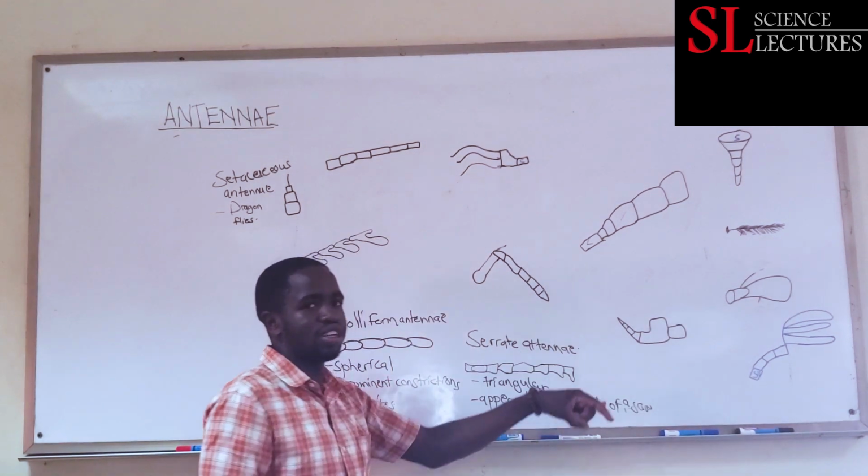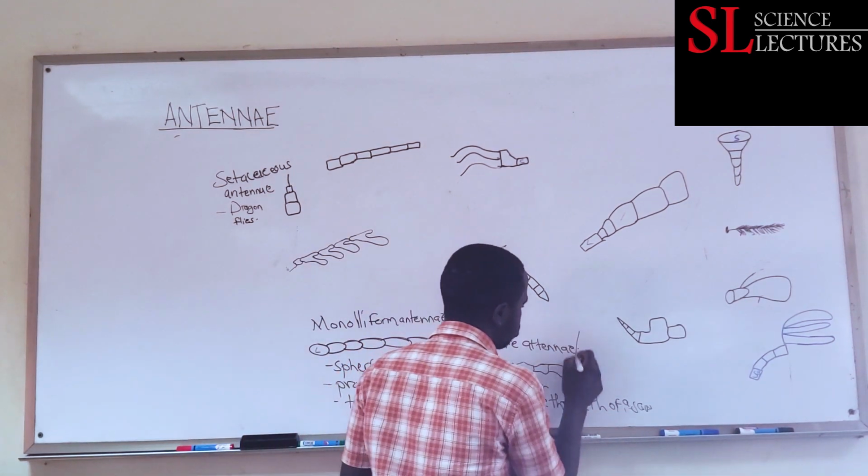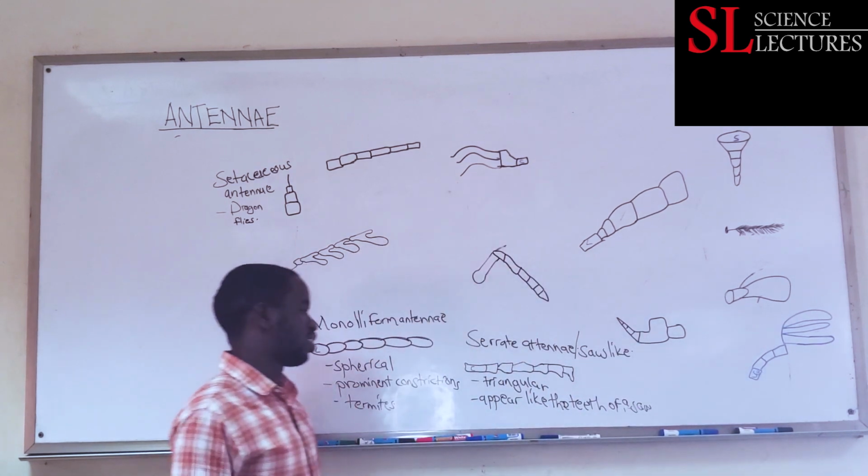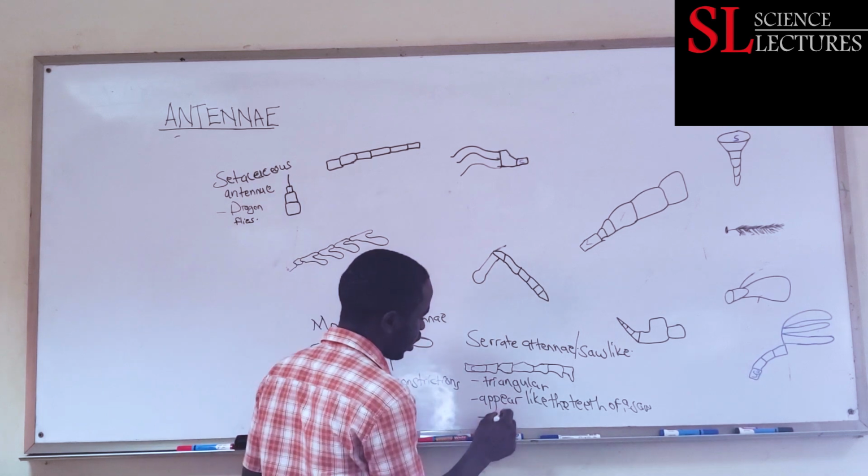So that is how these serrate antennae would appear. They are also sometimes called saw-like antennae, and they are very common in the click beetles.